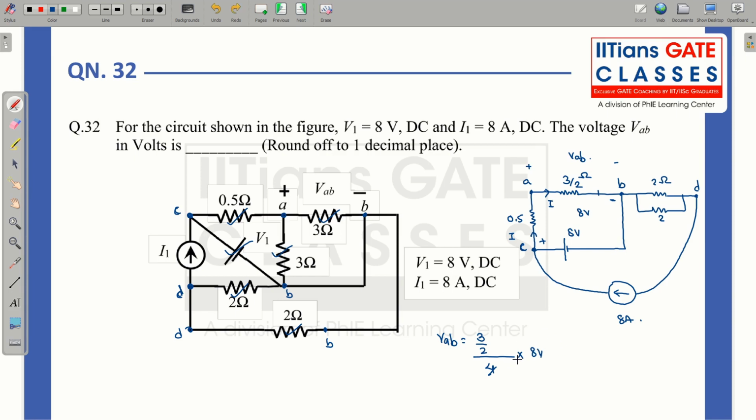Sorry, I have written 4 over here. So this should have been 3 by 2 plus 0.5 is 2, into 8. So this is 4 by 2 into 8. So this comes out to be 6 volt. So 6 volt is the answer to this question.